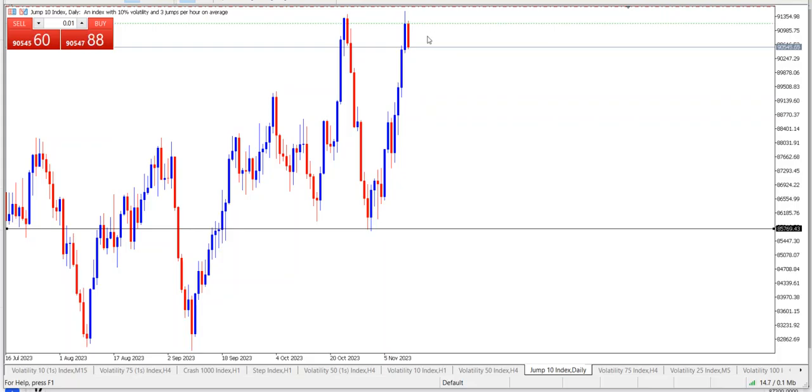So I can break even and then allow the trade to run. This is our target here. I'm targeting that this market will take out the liquidity here to the downside. That is basically how I look at a sniper entry.